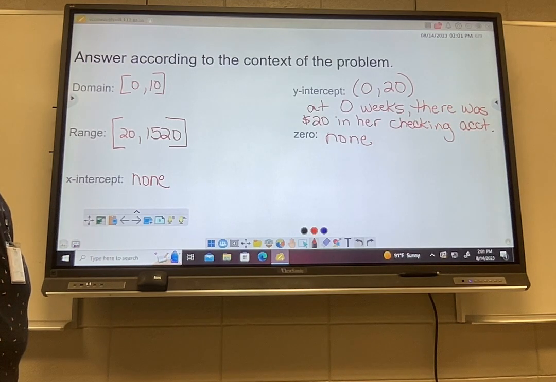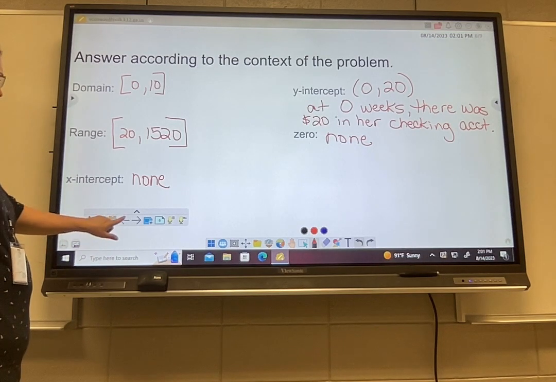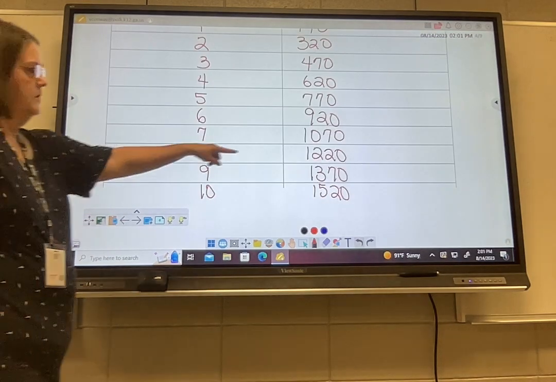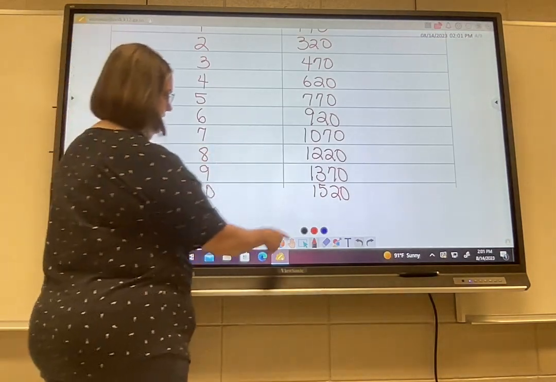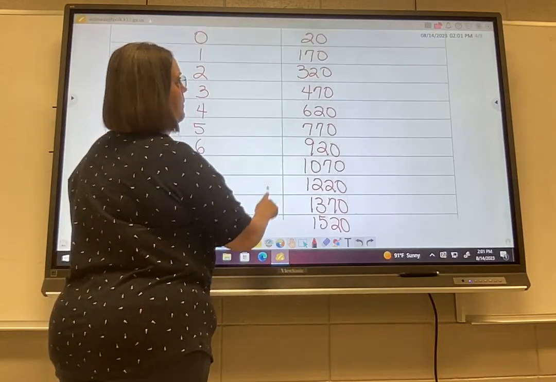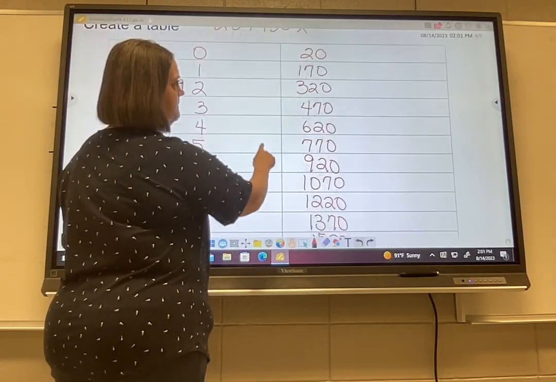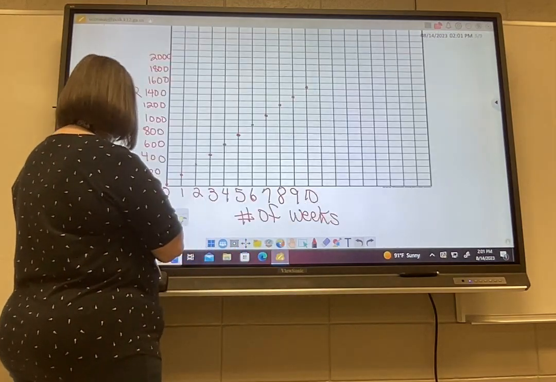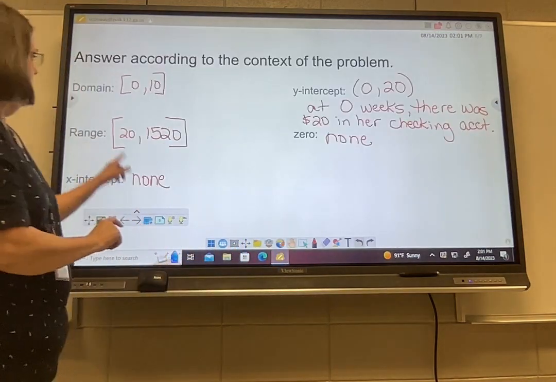They're actually part of the equation, so we put that in. Our range is going to be the y values that we have, and if you want to see those, they are in our table. Here's our x values, here's our y values, and they go all the way from 20 to $1,520. So that's our range. So that's how we're getting that.